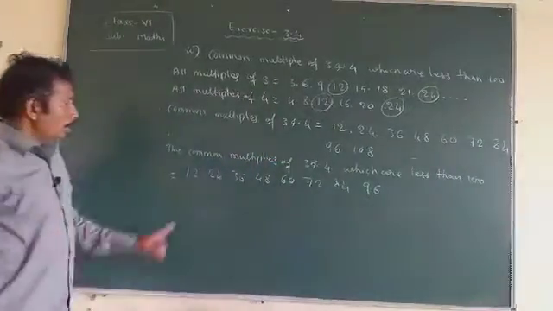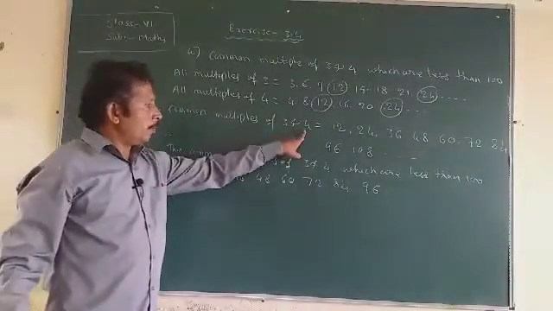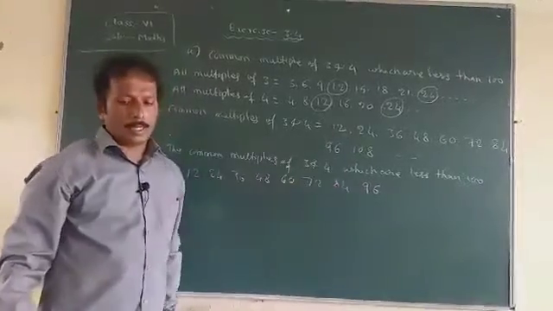So, these are the common multiples of 3 and 4 less than 100.